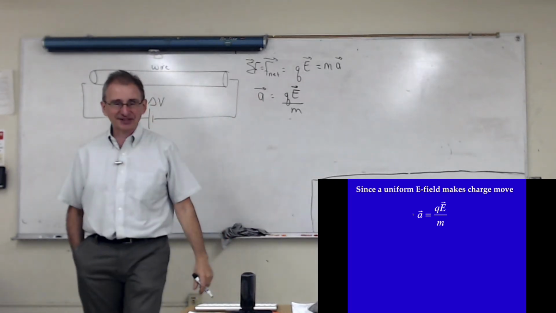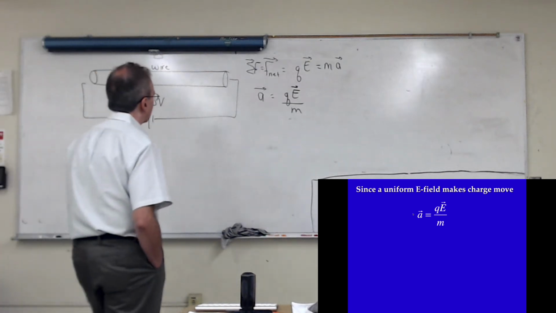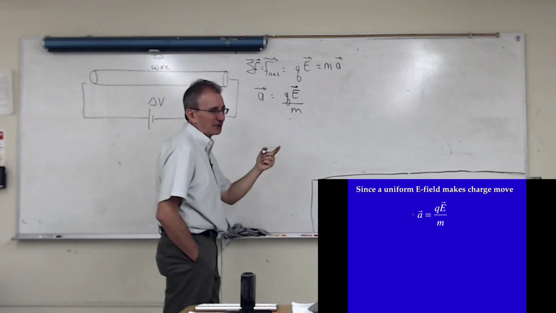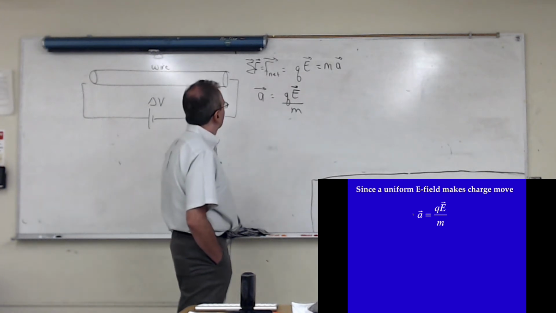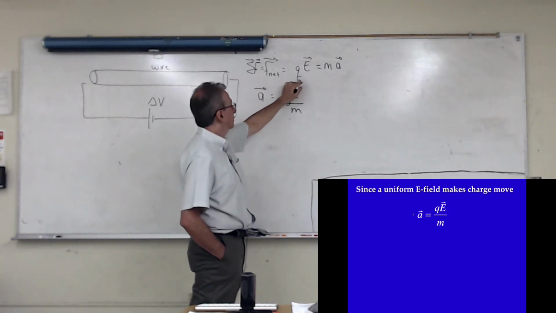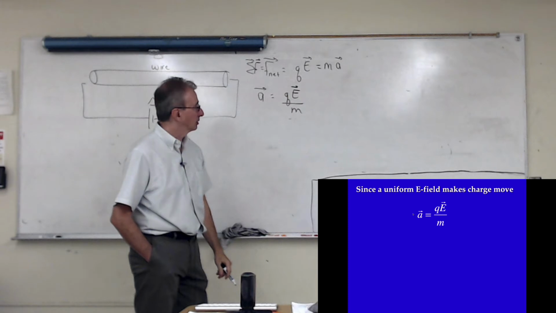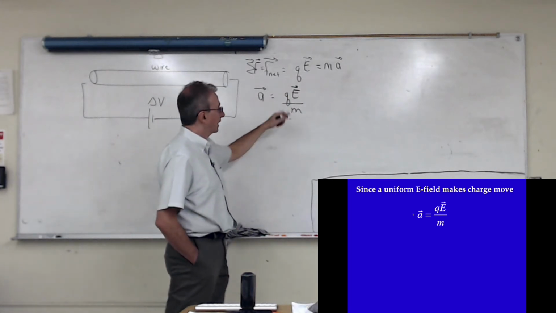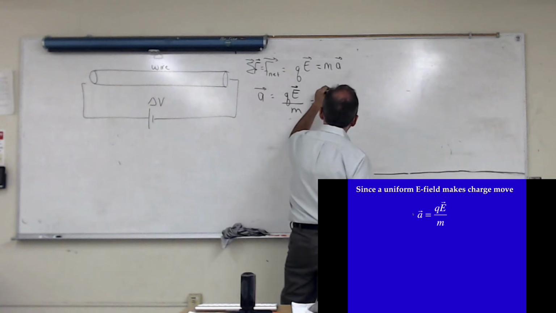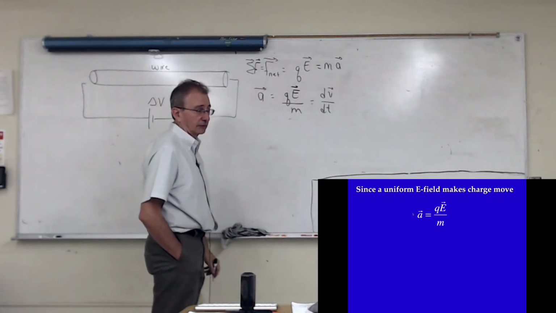Sigma of all the forces. That's how we usually write summing the forces. So let's pretend there's only really one force, and that's due to the electric field. The sum of all the forces gives you the net force, which is qE in this case, and that's equal to ma according to Newton's second law. Solving for a gives you qE over m. Of course, a is dv/dt, where v is velocity, right? Right.